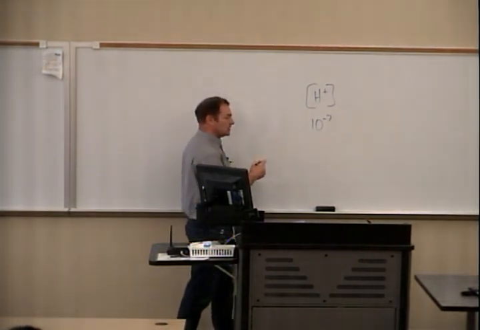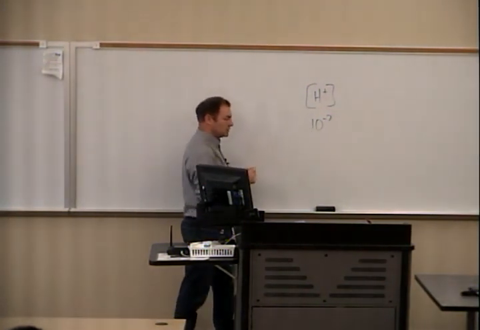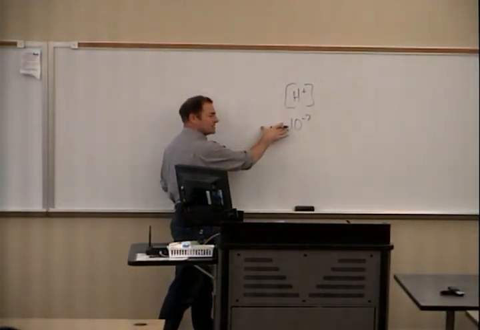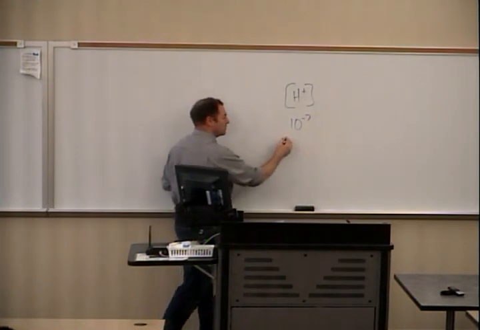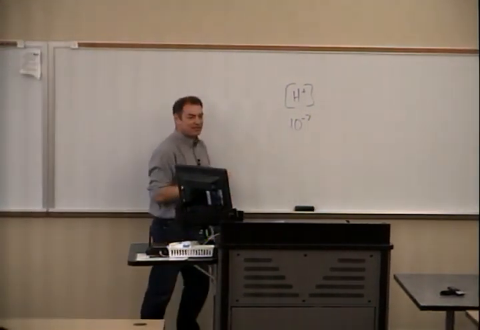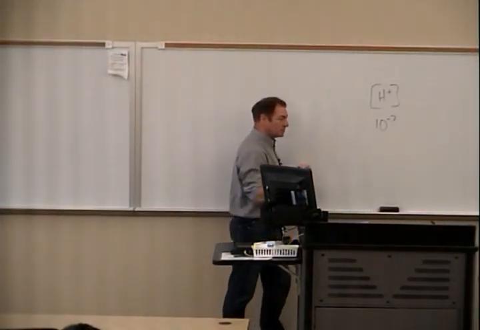Because on the number scale, if you're going to negative 6, it's technically going up, but would you be down? If I increase the hydrogen ion concentration, am I greater than or less than 10 to the negative 7? I'd say greater. Greater than? I would, yeah, that's what I would say.